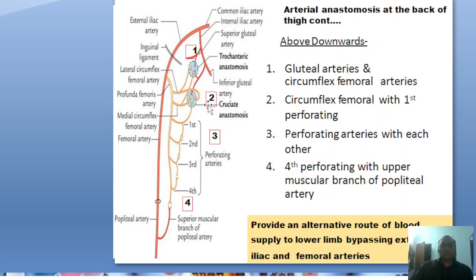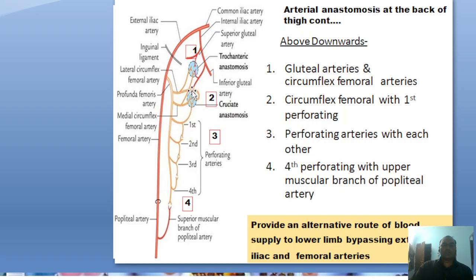The second is known as the cruciate anastomosis, located around the lesser trochanter of the femur. In this cruciate anastomosis are the lateral and medial circumflex arteries, the inferior gluteal artery, a branch of the internal iliac artery, and the first perforating artery.